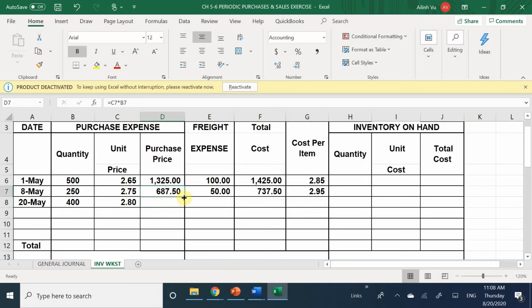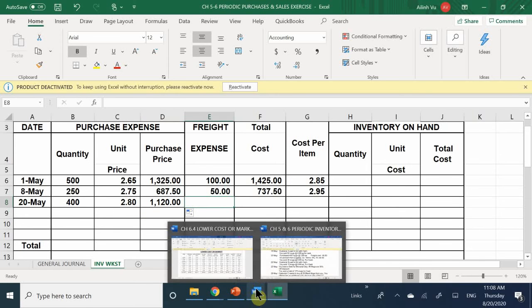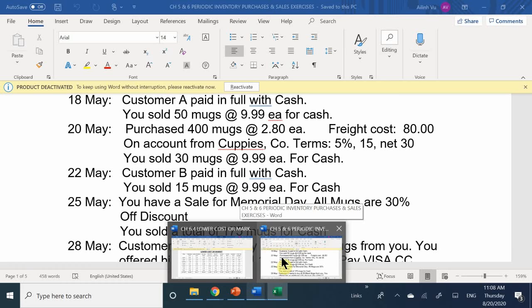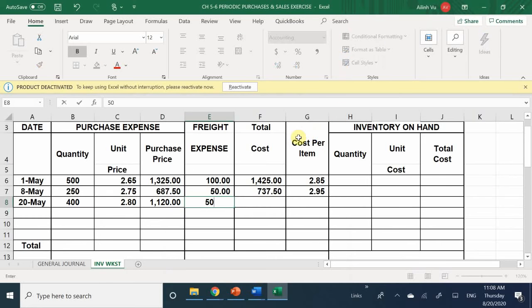Now, how much is going to be my total purchase price? 1,120. Yes. And how much was my freight? $80. So what is my total cost? 1,200.